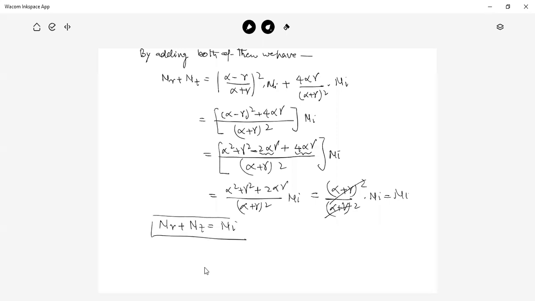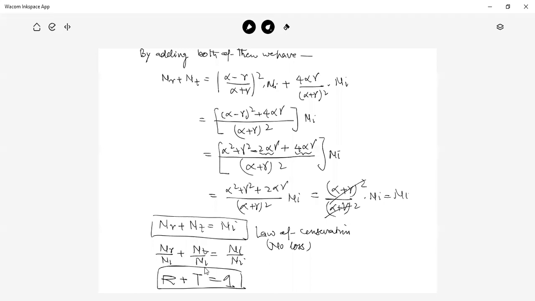This is the law of conservation. That is, no loss, when it is applicable. So Nr over Ni plus Nt over Ni is equal to Ni over Ni. So this is reflectance, that is R. Here it is transmittance, and this is 1.